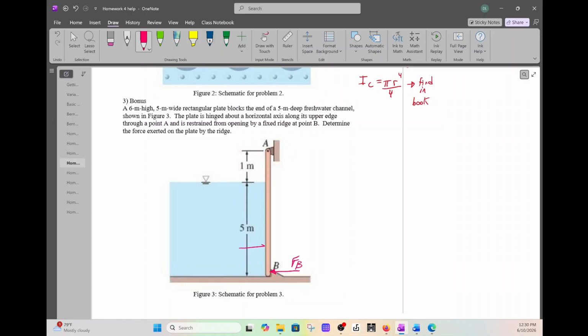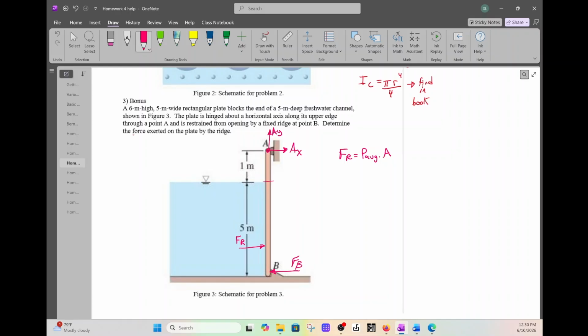There's a hydrostatic force acting, because it's water, down 2/3, which is there. And then we have AY and AX. And again, FR is P average times area. I believe it says it's 6 meters.